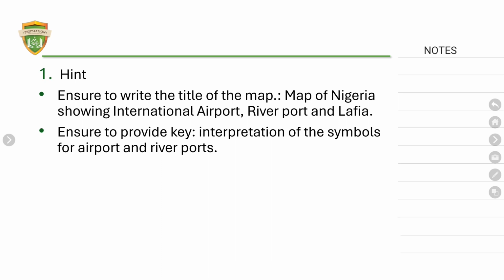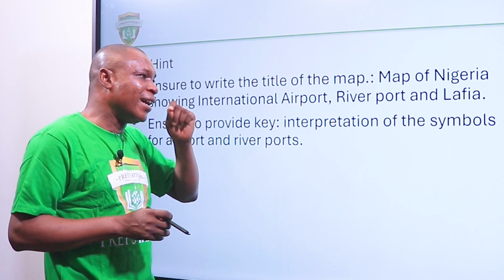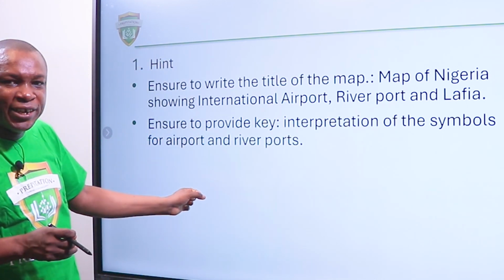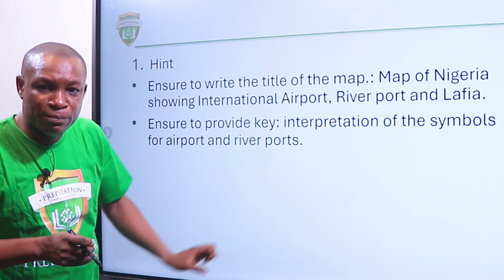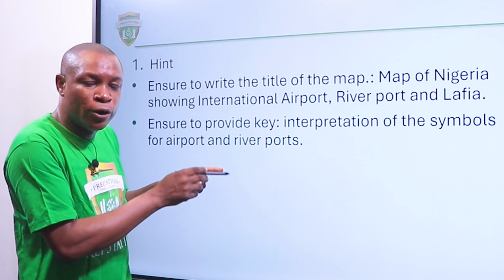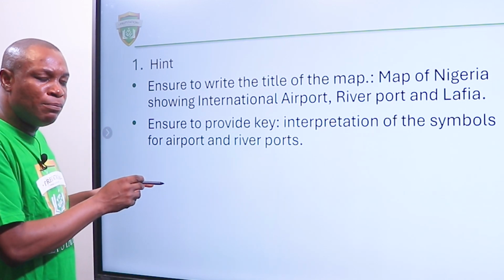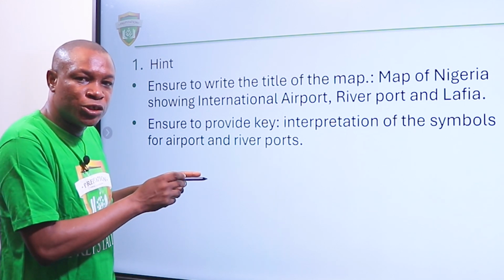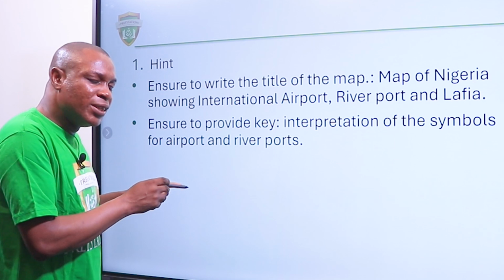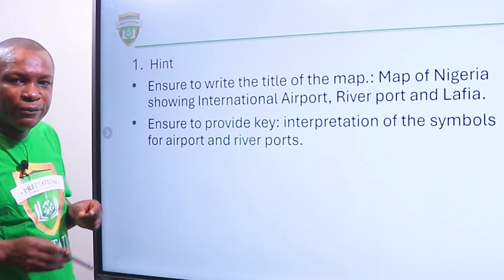You also use another symbol for the river ports, and another symbol to note the town. So you have to provide a key where you interpret these symbols: this particular symbol denotes the location of international airports, this one denotes the location of river ports, and this one denotes the location of a town, in this case, Lafia.